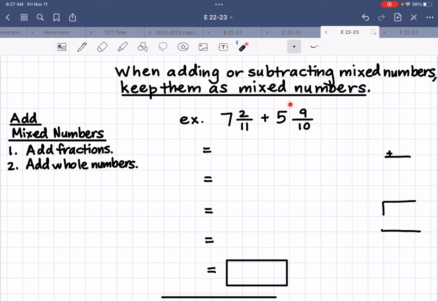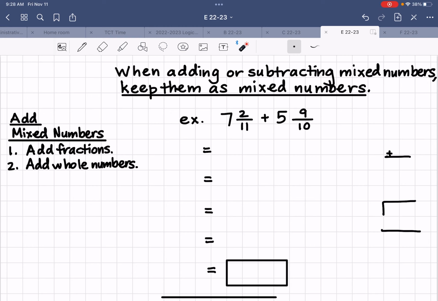Sometimes, because you know how to do this now, you might feel tempted to rewrite this mixed number as a fraction, but it actually is going to give you really large numbers, and when you end up doing your computation, it's going to end up being maybe triple-digit divisors with 4-digit dividends, so you don't want to have to deal with those big numbers. So to keep things simple, keep your mixed numbers as mixed numbers when you are adding or subtracting them, okay?